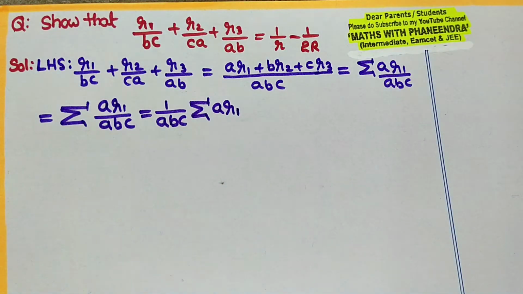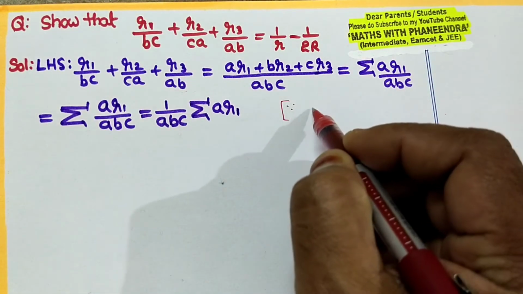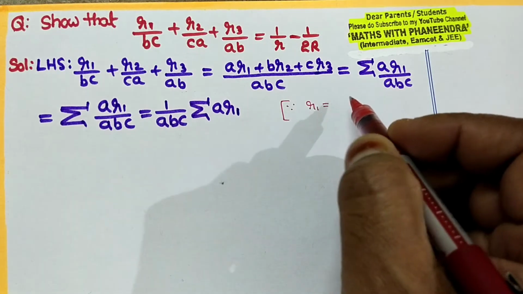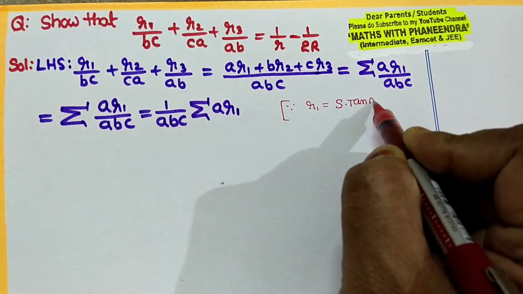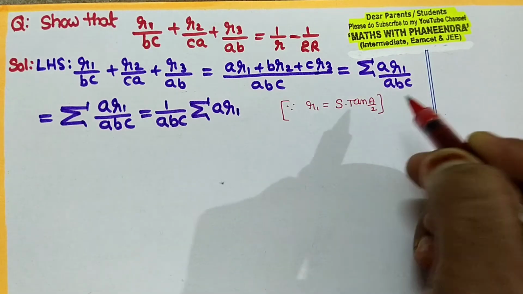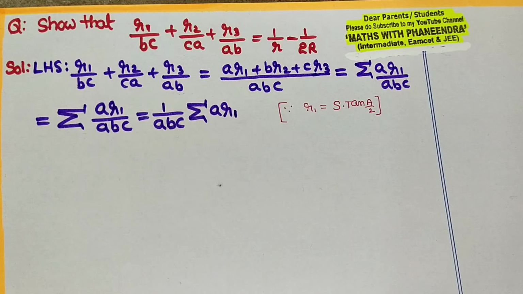In place of R1, substitute the formula, since R1 is equal to S into tan A by 2. This is the formula. In this problem, different formulas we are going to apply. All are properties of triangle formulae.